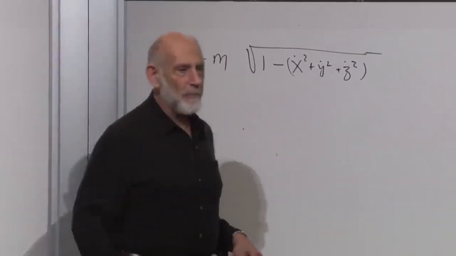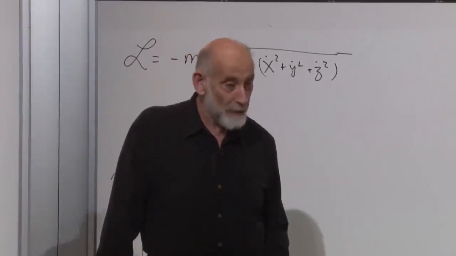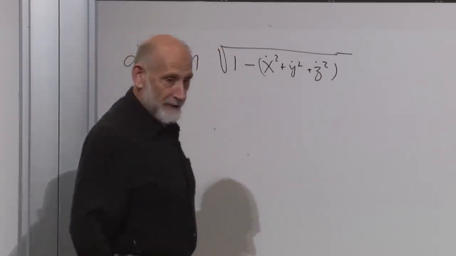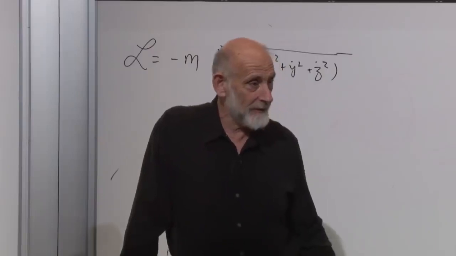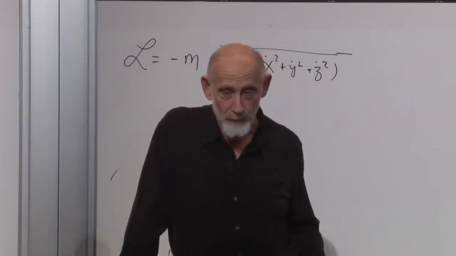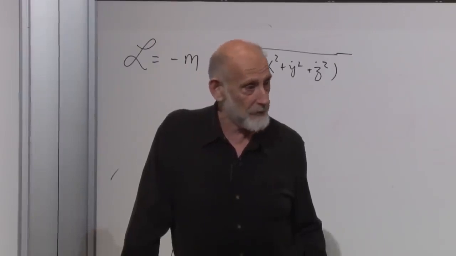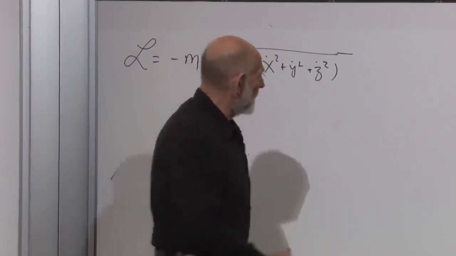It's not as simple as the usual Lagrangian that Lagrange first wrote down. What did Lagrange write down? He just wrote down for the Lagrangian the kinetic energy. I don't even know if he knew it was energy. He wrote down for the Lagrangian just 1/2 m x dot squared. That's nice and simple.